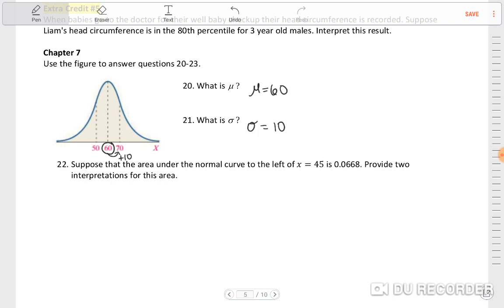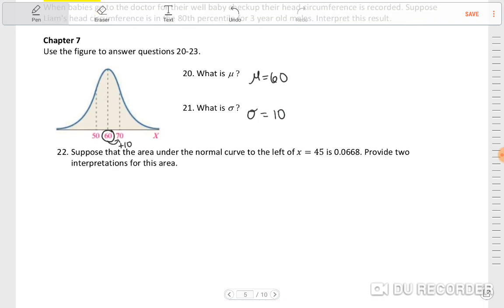Suppose that the area under the normal curve to the left of x equals 45 is 0.0668. Provide 2 interpretations for this area. You will need to do this. I will have this on here, and I'll actually put little numbers just like this, and then you just have to fill them in. So your first interpretation is the proportion.